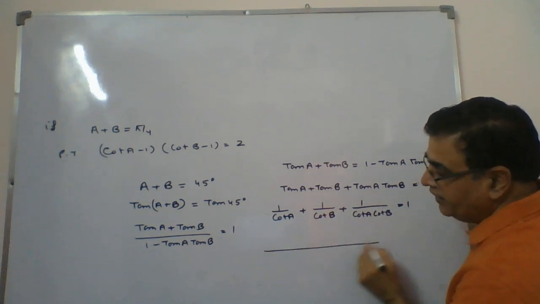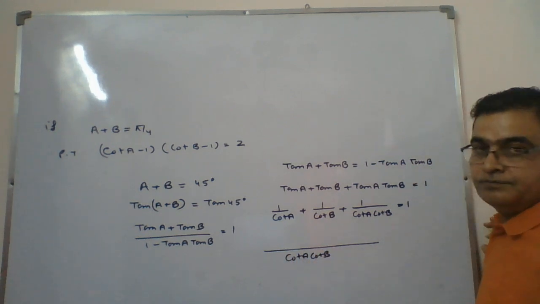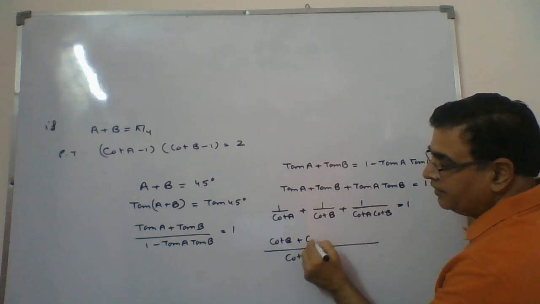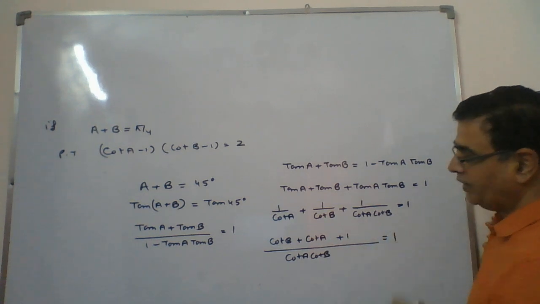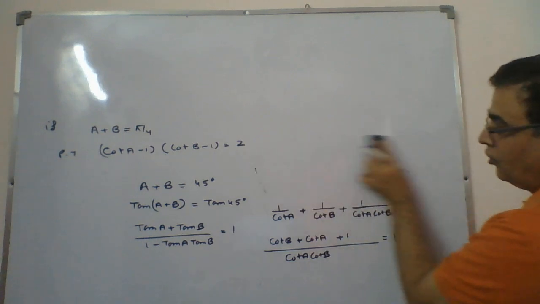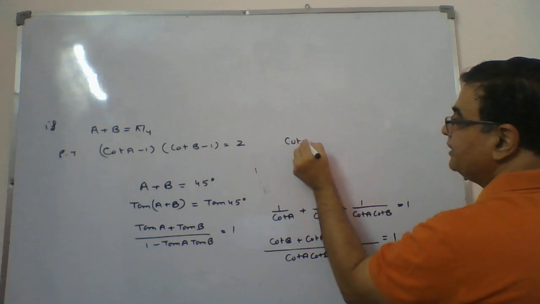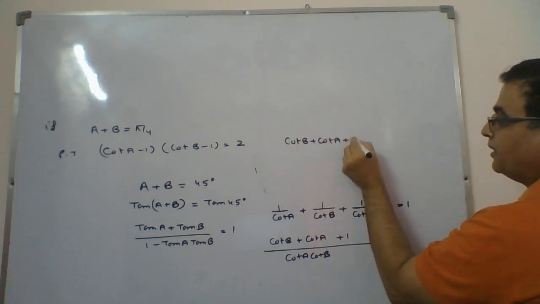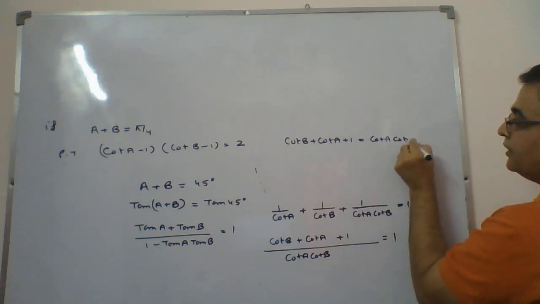And now when you take the LCM as cot A cot B, then here it will be cot B, here it will be cot A, and here it comes out to be plus 1 is 1. So all the terms are coming in terms of cot now. I'll take this term here, so I get cot B plus cot A plus 1 equal to cot A cot B.